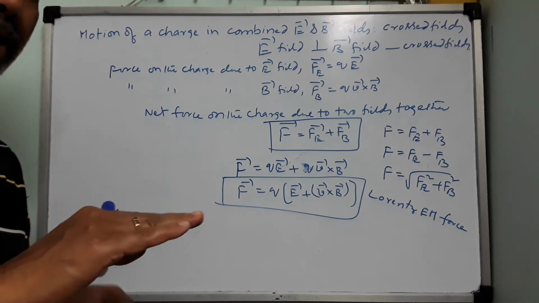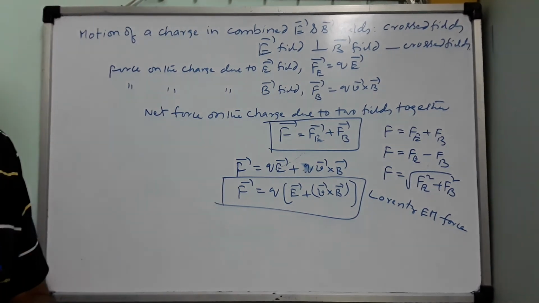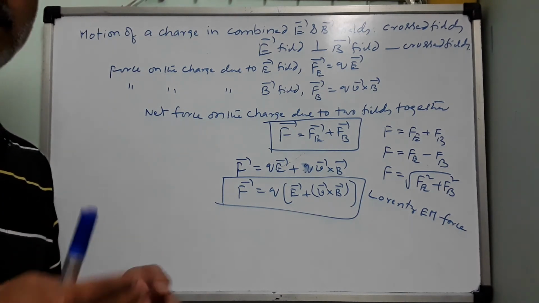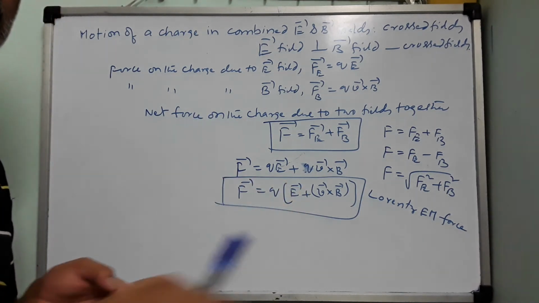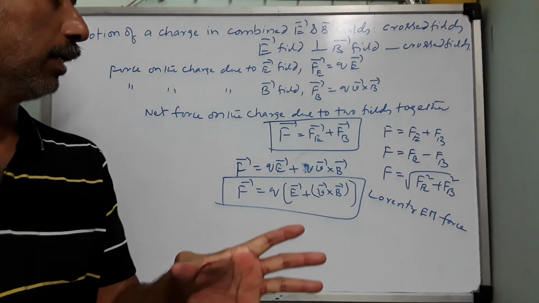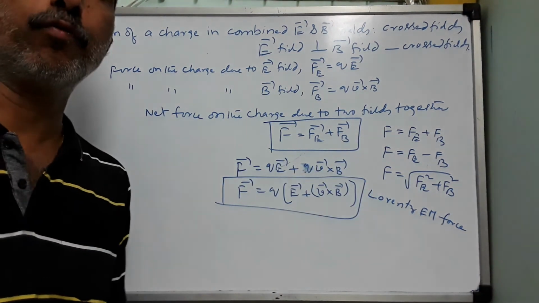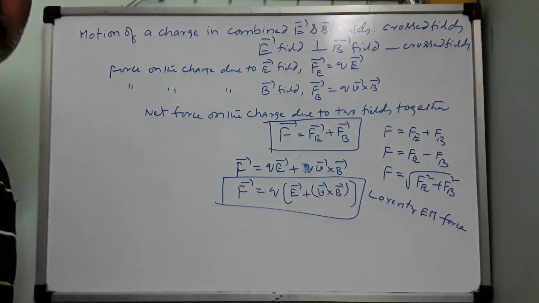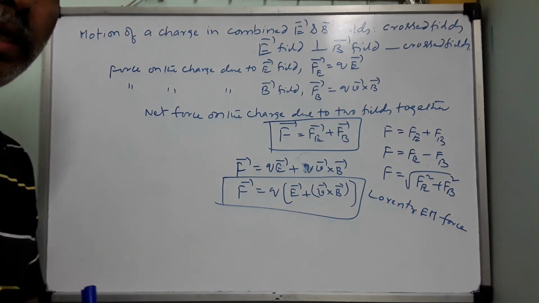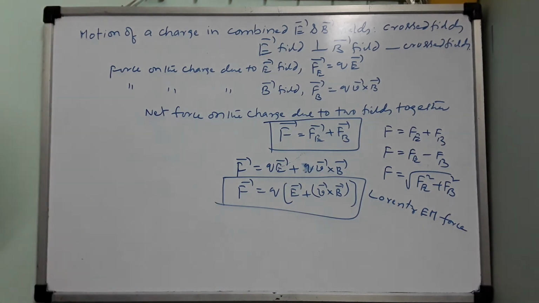So in order to compensate the curvature of the path produced by the electric field, we take the help of the magnetic field to make the charged particle move in a straight line. Though both fields are existing simultaneously, the charge will move as if there is no field existing. It is because the force given by the electric field is balanced by the force given by the magnetic field. That we see now.